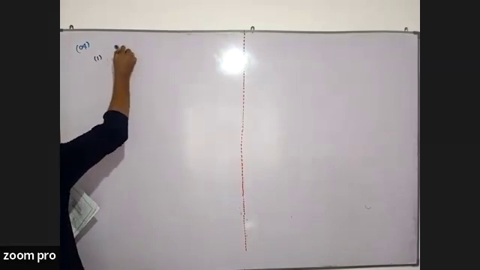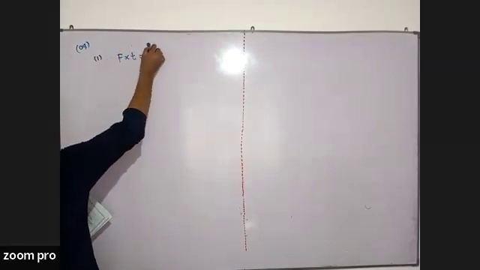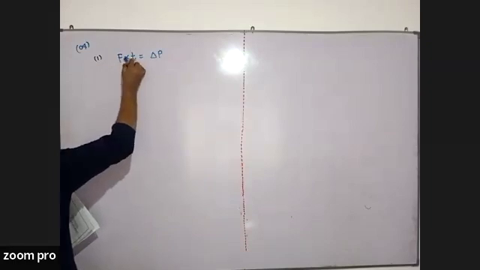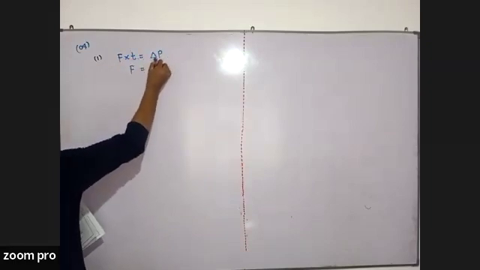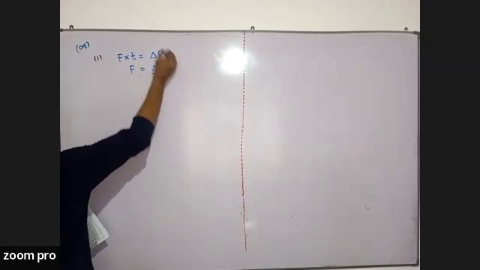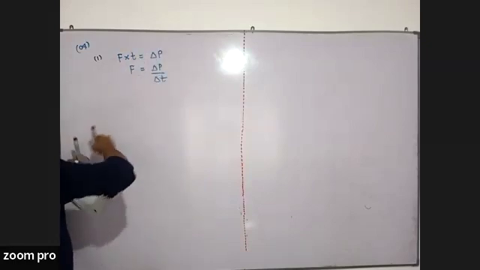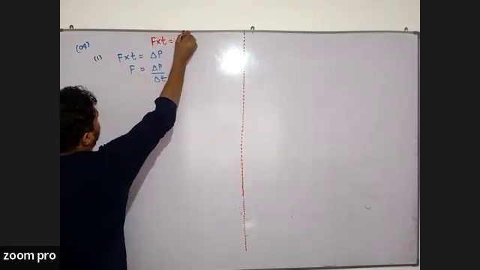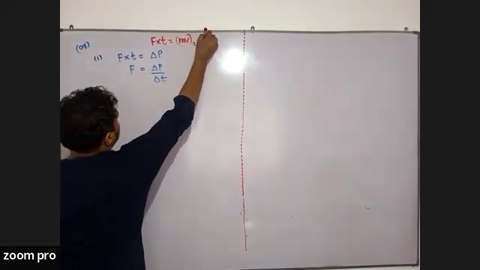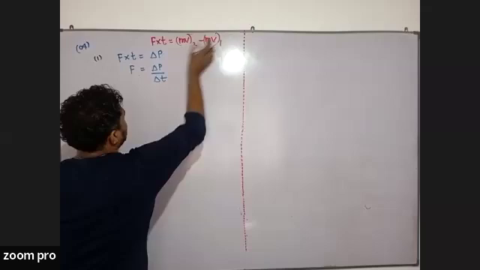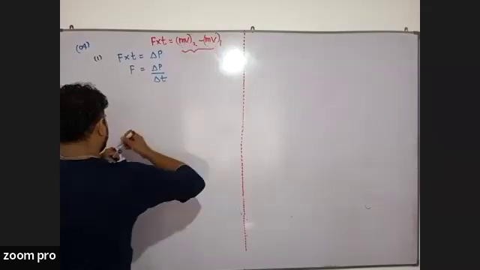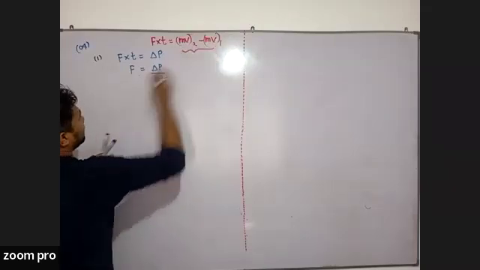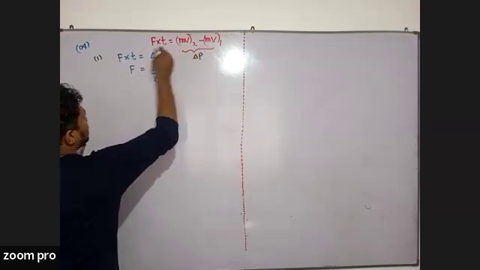So we know that F equals the momentum difference over time, so it can be represented as delta P over delta t. This is the base equation for this question. Here, the momentum difference is represented as delta P, so that's why I substitute this delta P.